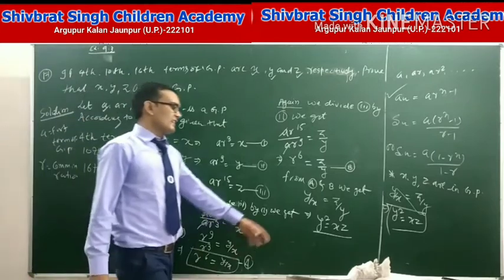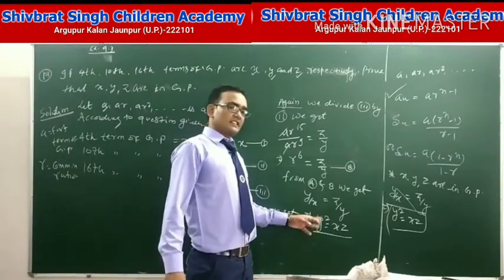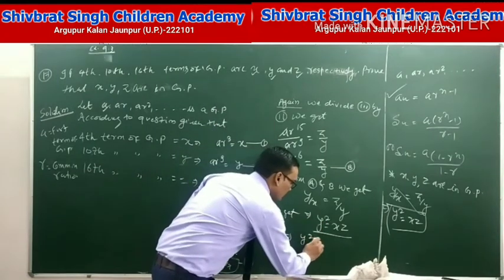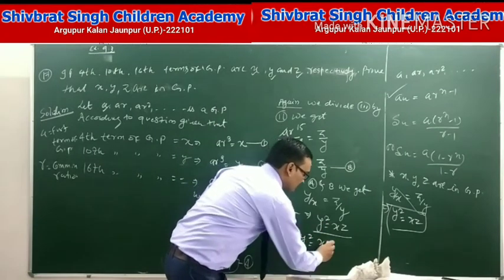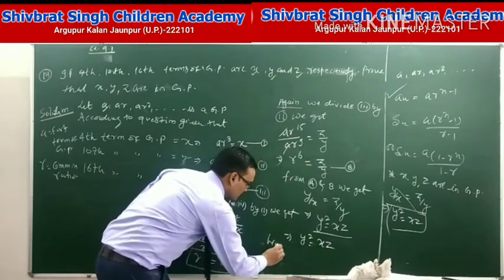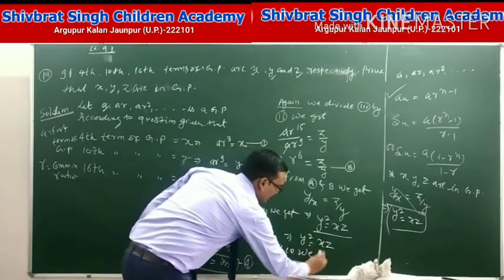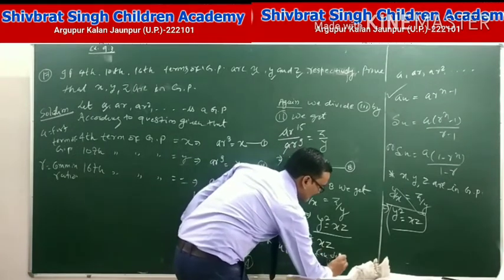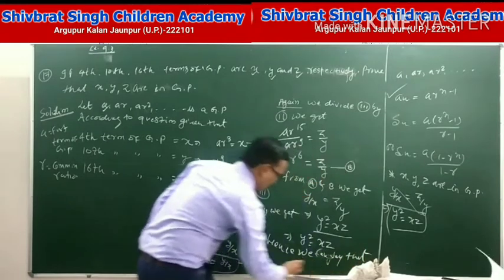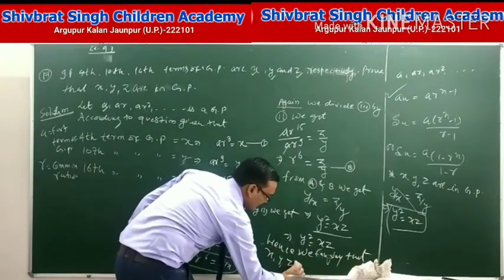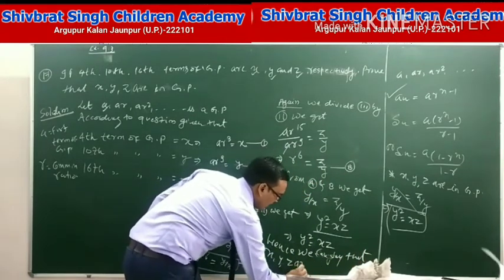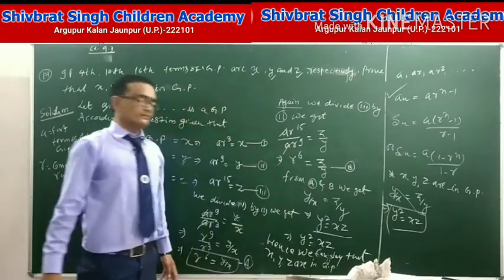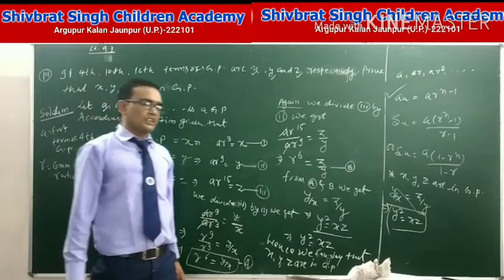We can find the relation between x, y, z: y square is equal to x into z. Hence we can say that x, y, z are in GP. Hence proved. Our question is complete.